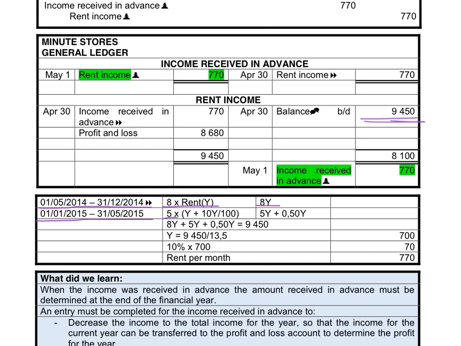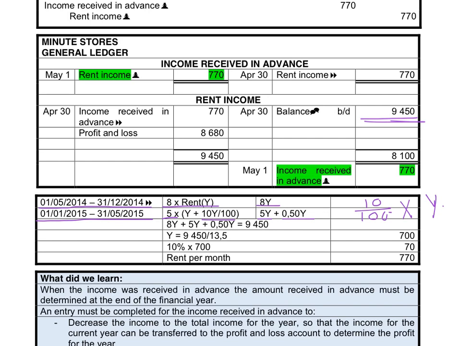Now, normally 10%, we will say 10 over 100 times Y. So that is 10Y at the top, 100 at the bottom. 5 times Y gives me 5Y. 5 times 10 gives me 50, divided by 100 is 0.50Y.